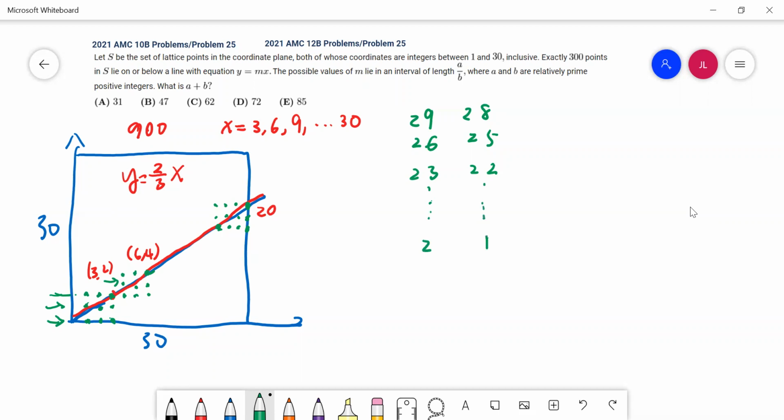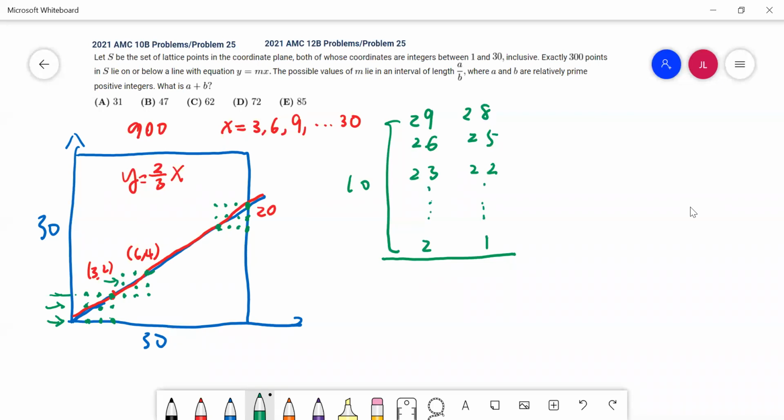So then we add them. The first is an arithmetic sequence. The second is also an arithmetic sequence. We can use the arithmetic sequence formula to calculate them. There are a total of 10 numbers each, right?